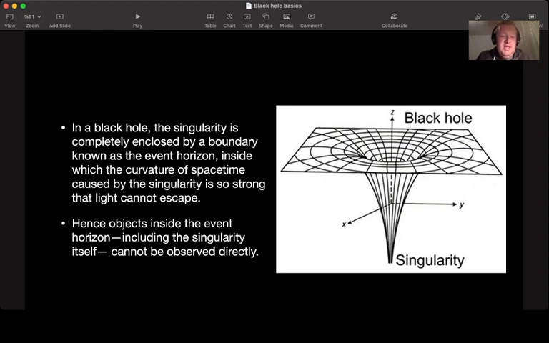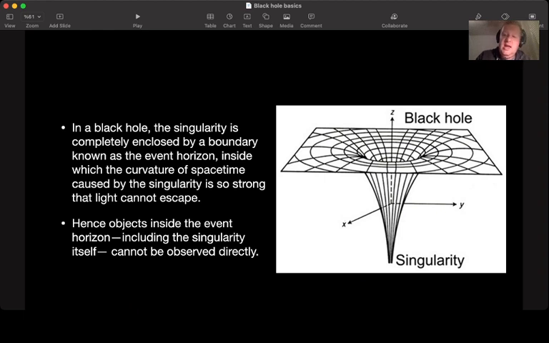Hence, objects inside the event horizon, including the singularity itself, cannot be observed directly. So yeah, we can never observe what's inside the black hole directly. We cannot see the inside.